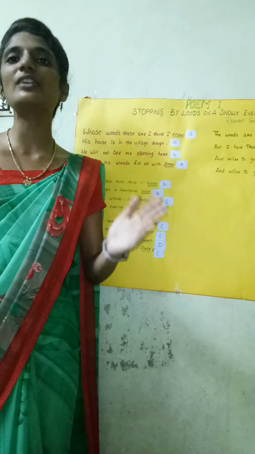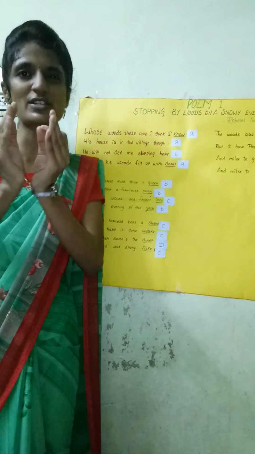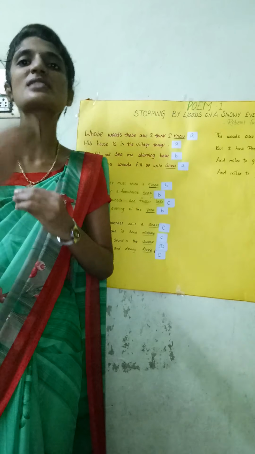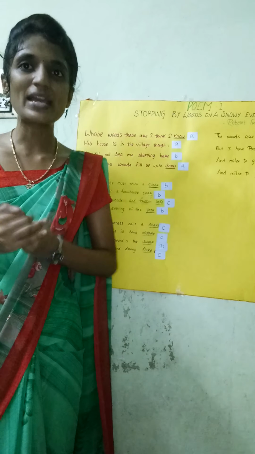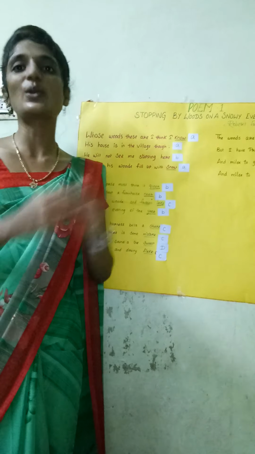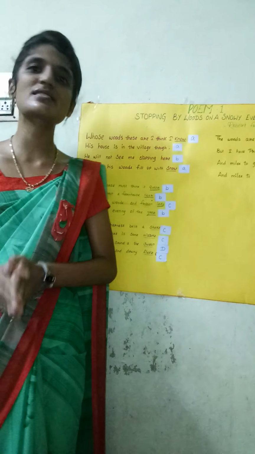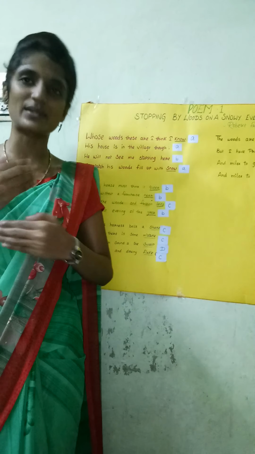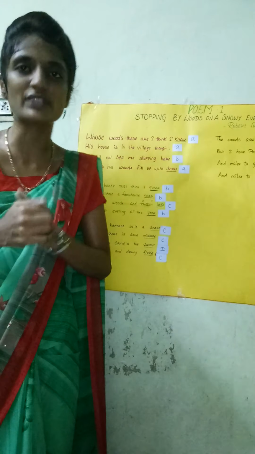Because there are many living beings, but there is something special for human beings. We have some responsibilities to do, some tasks to do in our life, right? So he mentioned the beauty of nature and also the responsibilities to do in our life, that is, before the end of our life. That he mentioned in this poem.